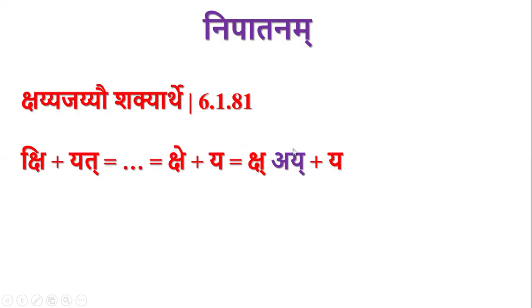As we already discussed, there is no sutra in Ashtadhyayi which allows this step. But Maharshi has given the form kshaya. It doesn't mean there is no prakriya for this kshaya. There is a prakriya, but without giving the sutra for that, he is directly giving the word.